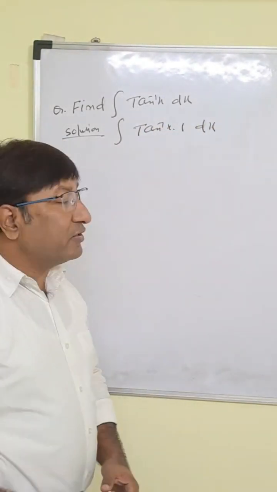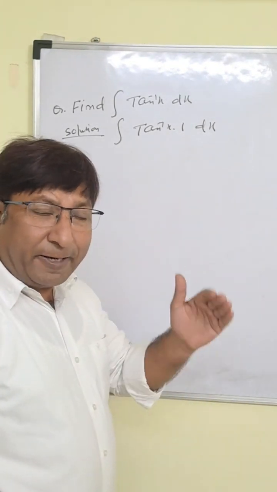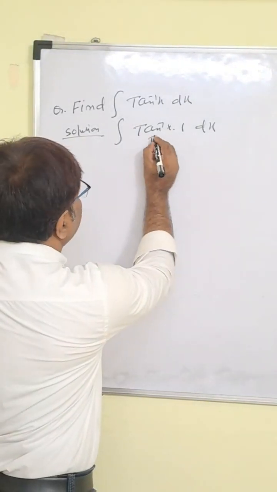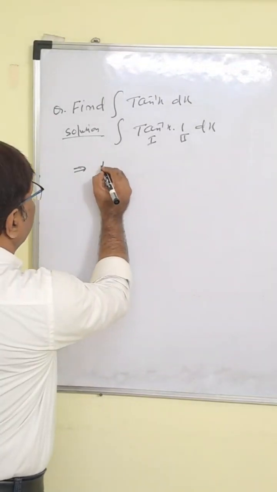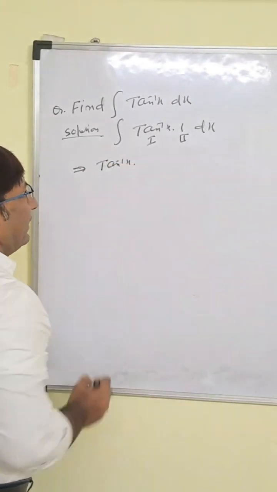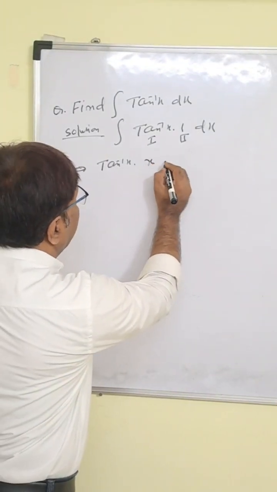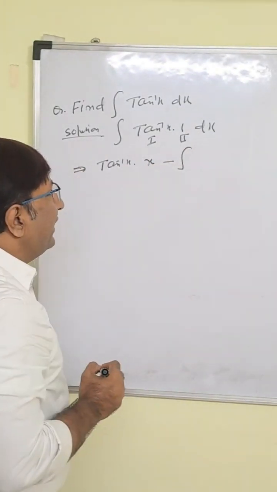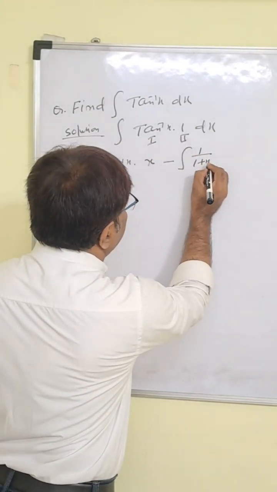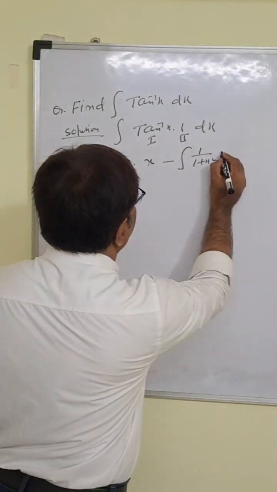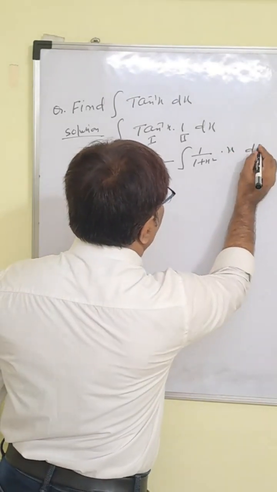So here we can write integration of tan inverse x into 1 dx. Now you know this is a function of two types, inverse and algebraic. So I take inverse first and algebraic second. Now the rule is: left the first function, tan inverse x, integration of second, so integration of 1 is x, minus integration of derivative of first, which is 1 by 1 plus x square, into integration of second, 1.